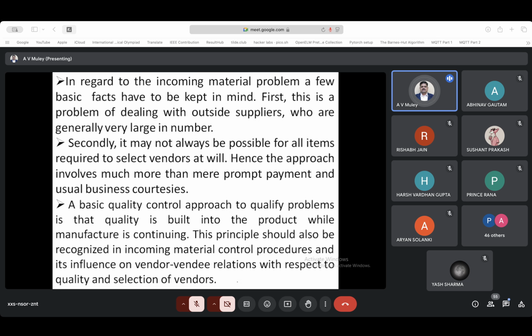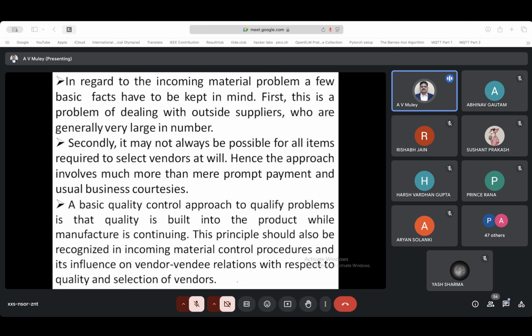Secondly, it may not always be possible, for all the items required, to select a vendor at will, and the approach involves much more than mere prompt payment and usual business courses, for example. So ऐसा नहीं कि at will or instances पे आप उसको select कर रहे हो. The basic quality control approach to quality problems is that quality is built into the product while manufacturing is continuing.